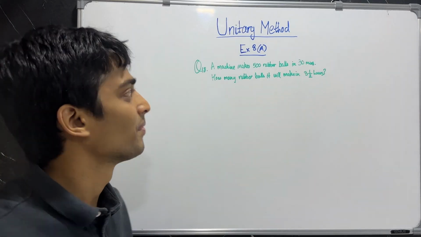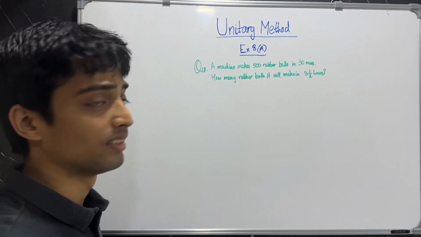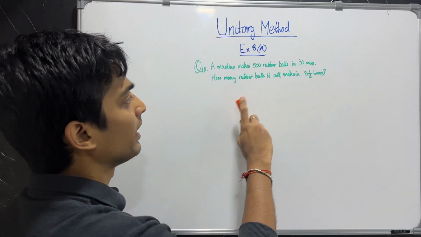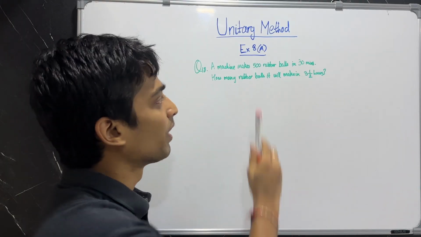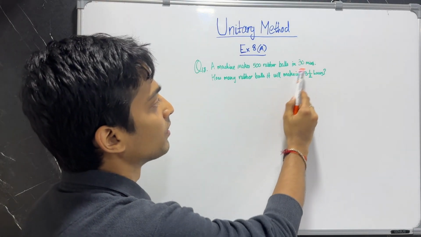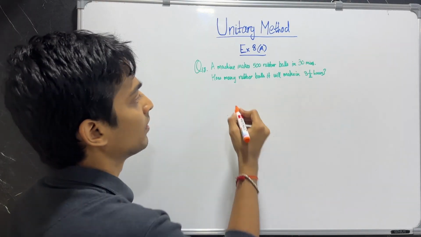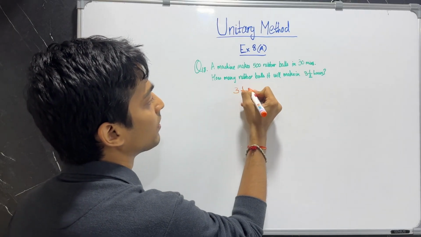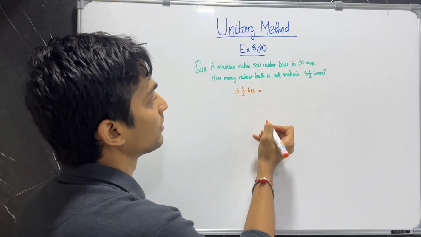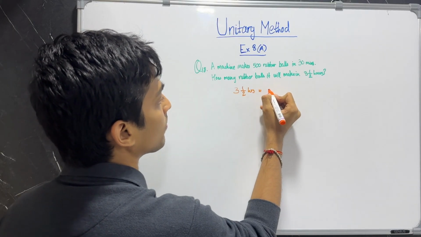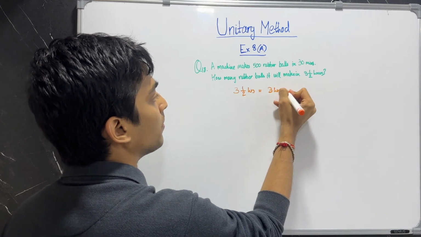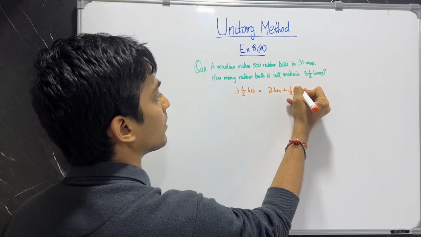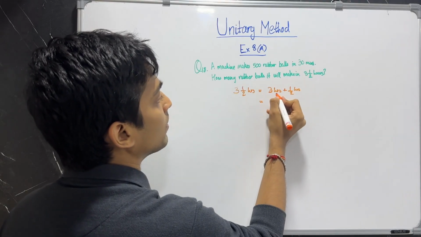Question 18. A machine makes 500 rubber balls in 30 minutes. How many rubber balls will it make in 3.5 hours? First we have to convert this into the same unit. So 3.5 hours is how much? 3.5 hours is 3 hours plus half hour, into minutes.